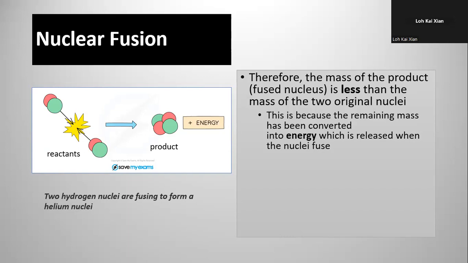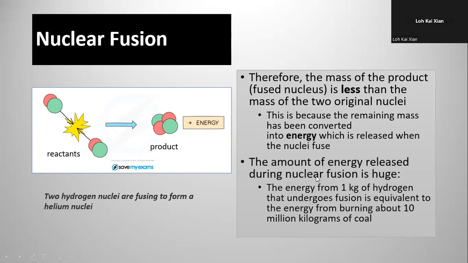Okay with that? Anything else to clarify? So basically, as I've just said, the total mass of this reactant is greater than the mass of this product, so the difference in mass appears as energy. The amount of energy released during nuclear fusion is huge.